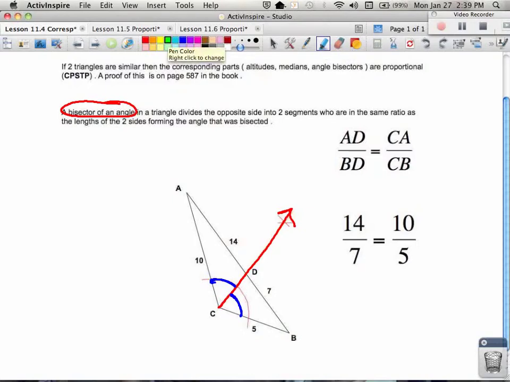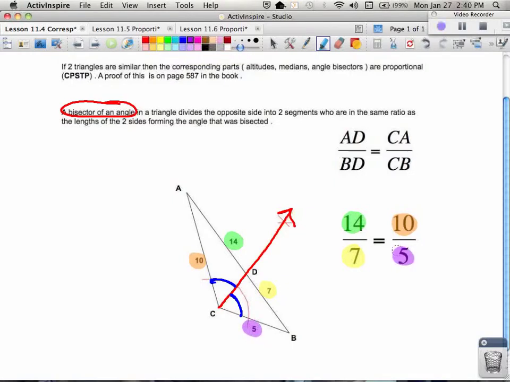What is that saying? As I look at the 14 above the angle bisector side, as compared to the one that's below the angle bisector, 7, that ratio should be the same ratio as the 10 in orange on the left side of the triangle, above the angle bisector, as compared to the one below it in the purple, 5.